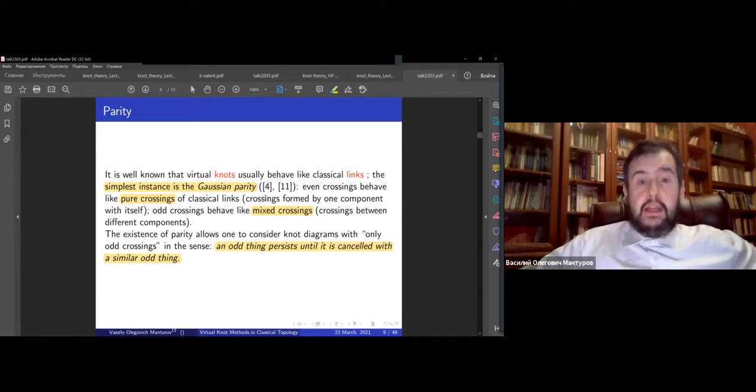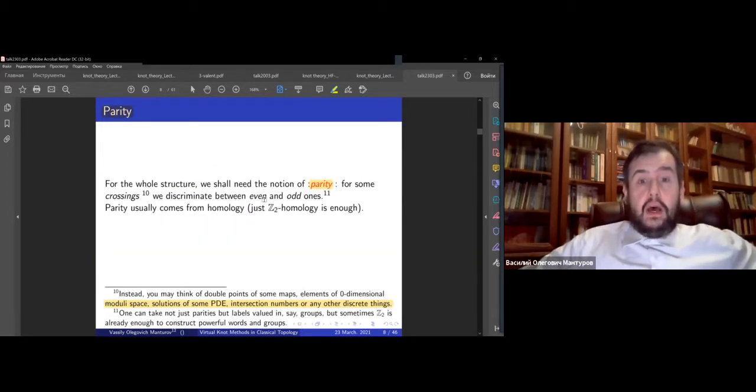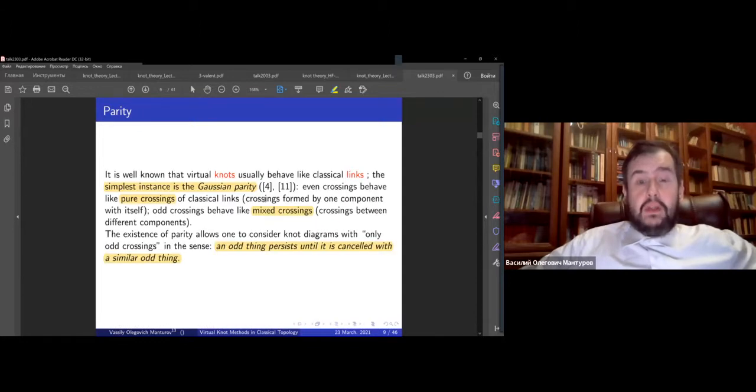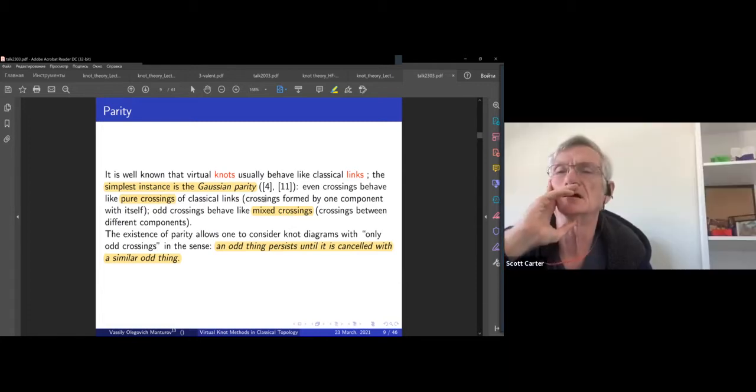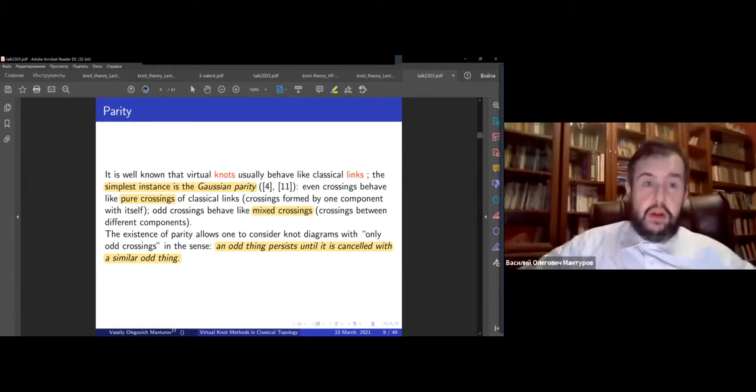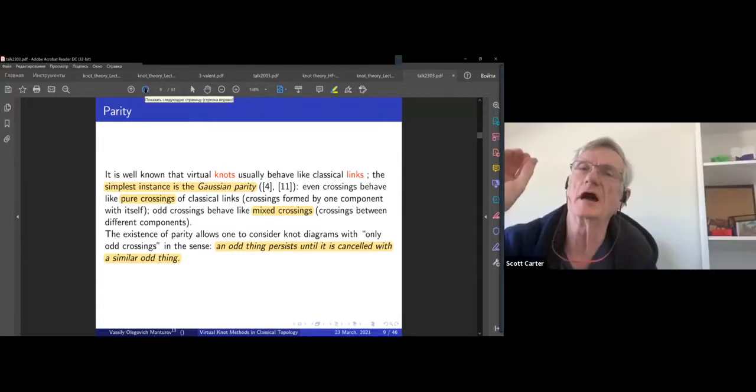Gaussian parity is defined as follows. I just look at a Gauss diagram and look at, for a chord, how many chords intersect this chord. Okay, thank you. I'm sorry, I missed that point.